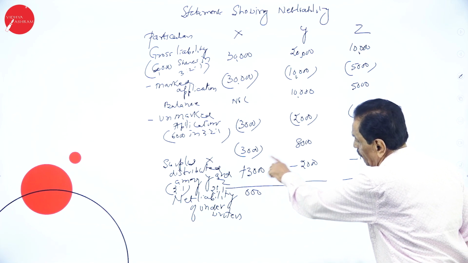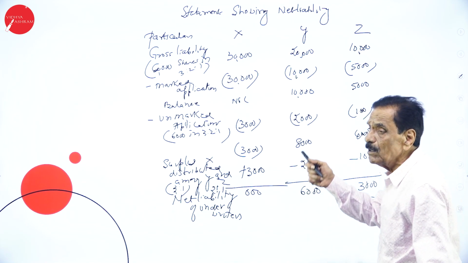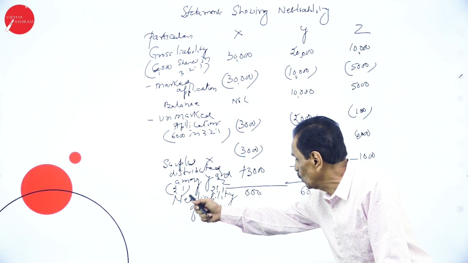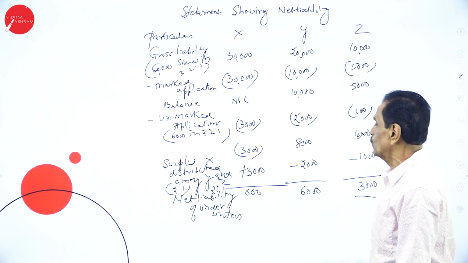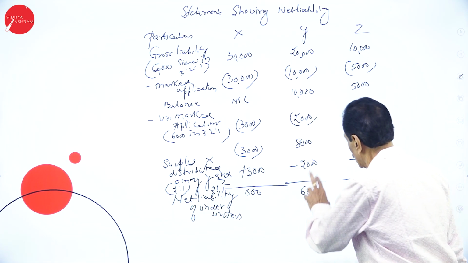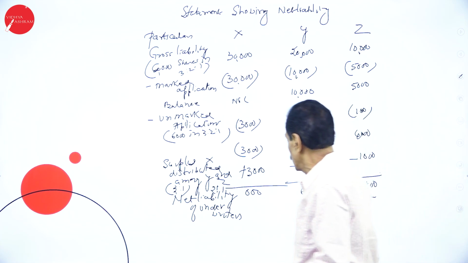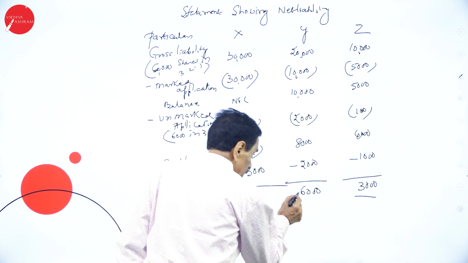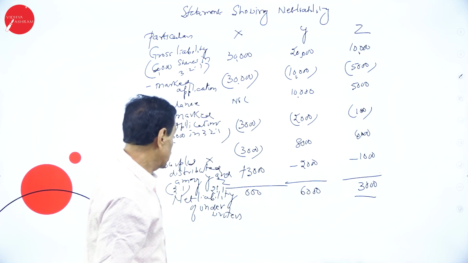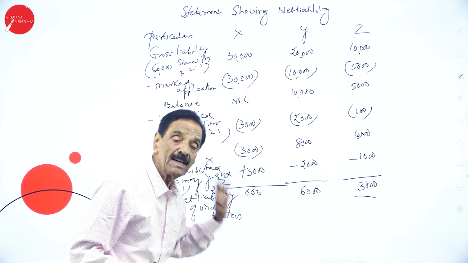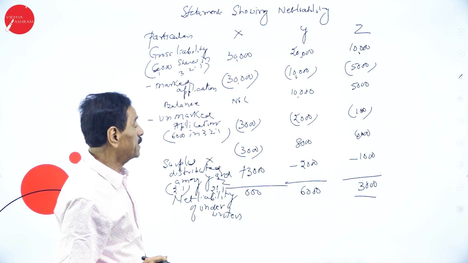The surplus of X should be distributed among Y and Z in the ratio of 2 is to 1. So 2 by 3 of 3,000 is 2,000. 1 by 3 of 3,000 is 1,000. So this is 0. This is 6,000, 6,000. It is called net liability of the underwriter. Hope you understand.